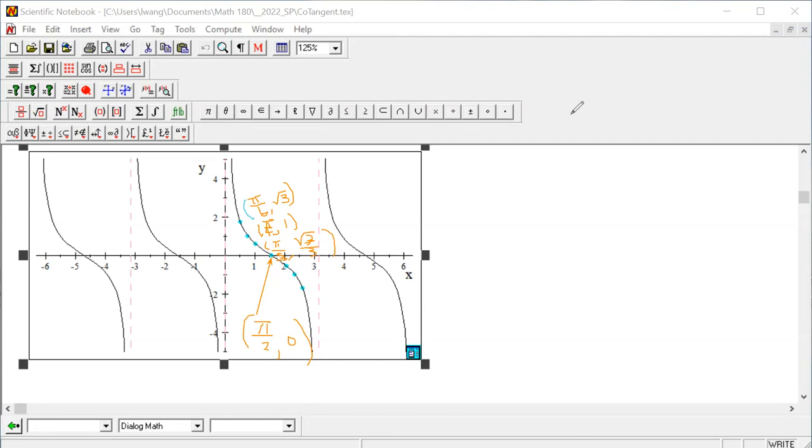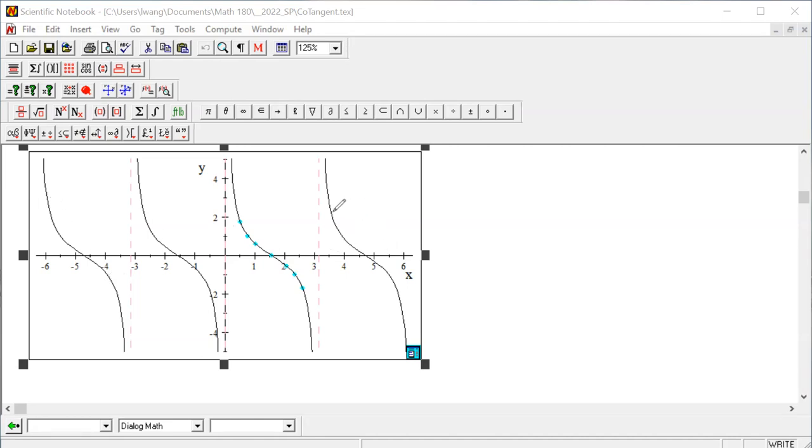All right, with that said and done, we got the picture and some of the points. So this is first quadrant, second quadrant, third quadrant, fourth quadrant, and this is the third quadrant, second quadrant, first quadrant.